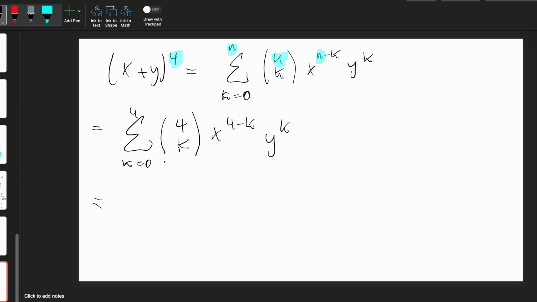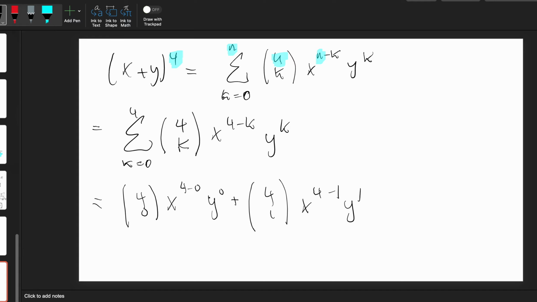Good. So now I'm going to plug in numbers. My k is 0. 4 choose 0, x to the 4 minus 0 times y to the 0, plus, now I'm done, so I'm going to increment. Now k is equal to 1. 4 choose 1, x to the 4 minus 1, y to the 1.